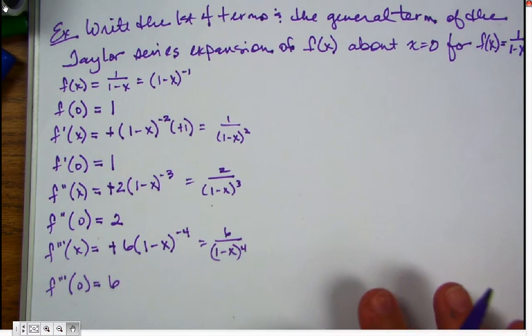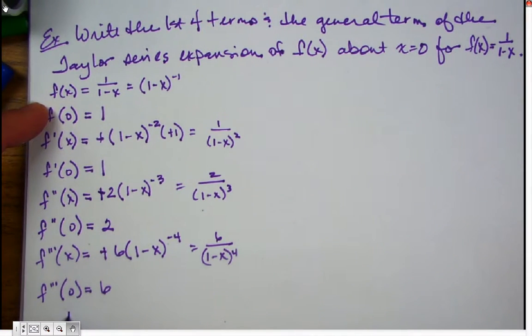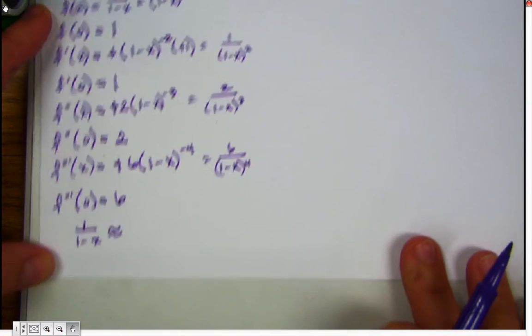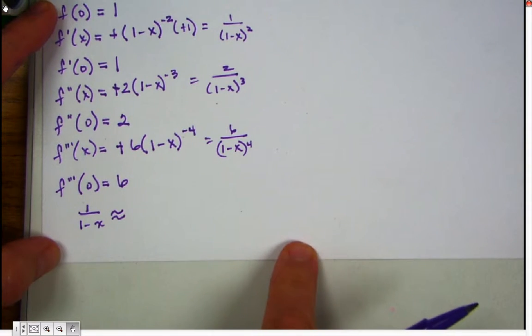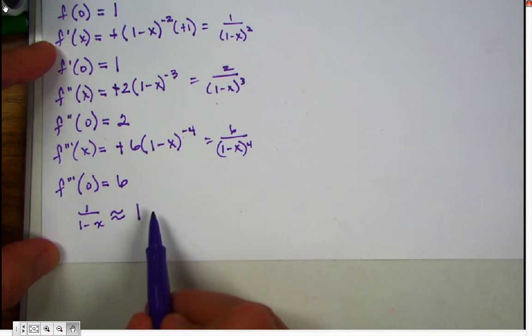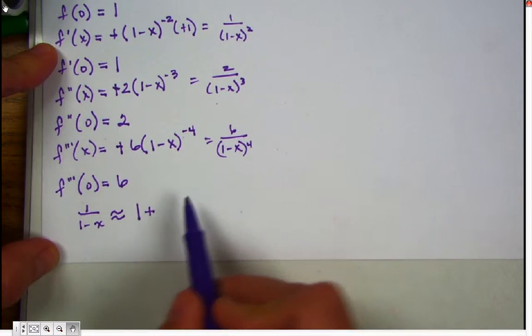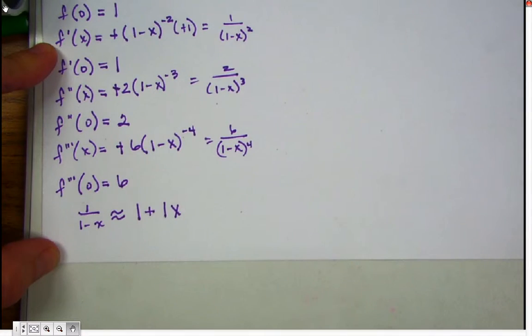So can I now write that? Yes, I can. What's it come out to be? So 1 over 1 minus x is approximately equal to, right? This is how I need to represent it. What is it? 1 plus 1x, right?